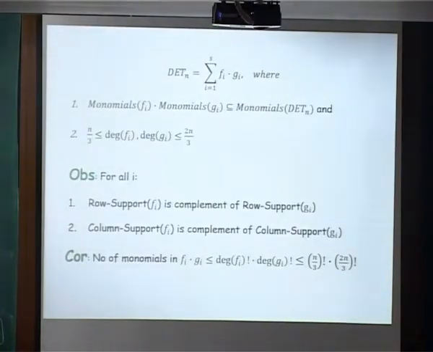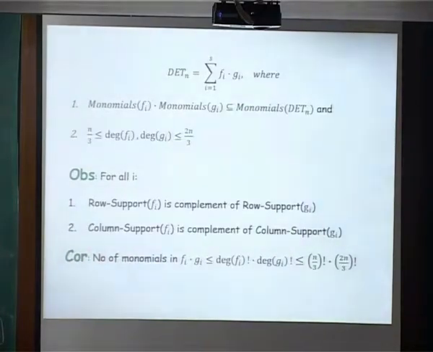Now Fi and Gi each compute monomials. Say the row support of Fi is over the first R rows and R columns, and it computes a bunch of monomials.